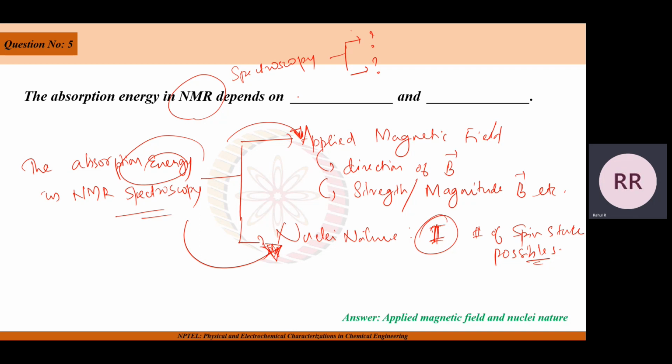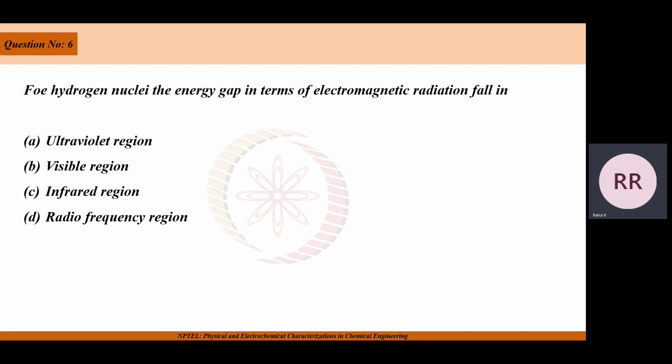So basically, the answer to this question is that the absorption energy in NMR depends on the applied magnetic field and the nature of the nuclei. Okay, now let's go to the next question.